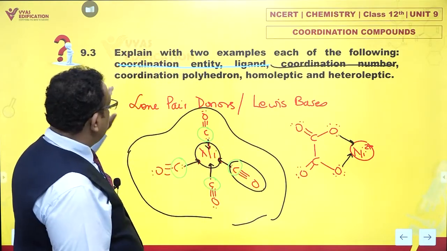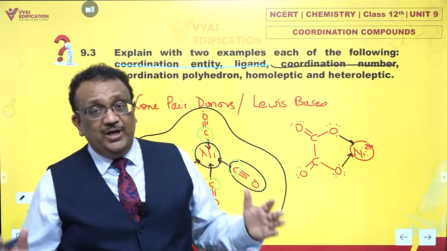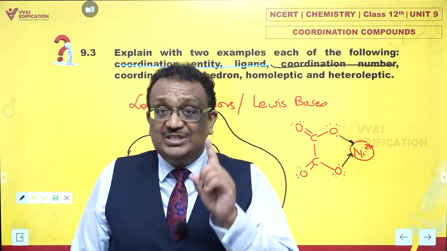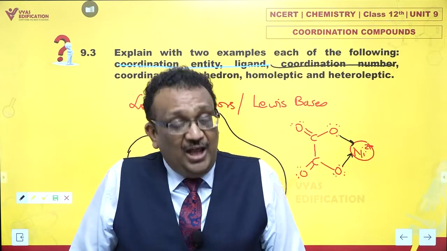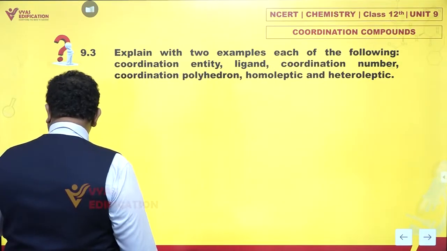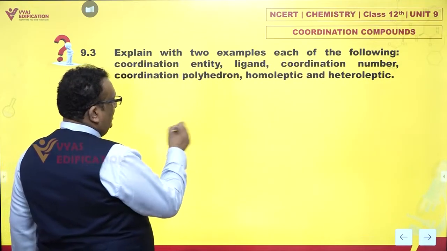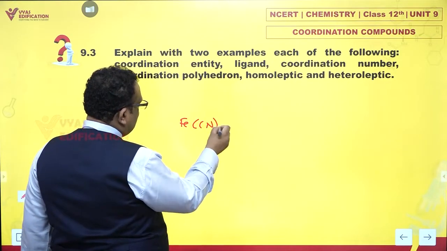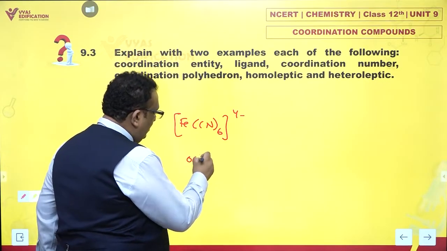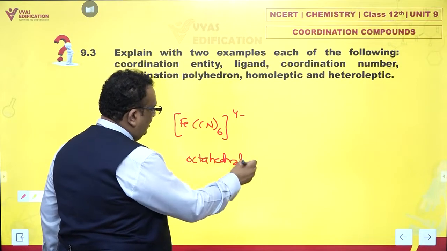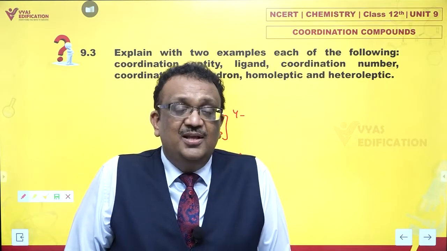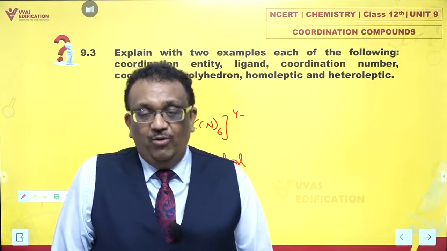Again I repeat, the coordination polyhedron is an imaginary polyhedron formed by joining all the ligands attached to a single given metal atom, and the metal atom should be present at the centroid of that polyhedron. If I have to give you a couple of examples, yes, I'll give you. Say Fe(CN)6 4-. This has an octahedral polyhedron, because if you connect all the 6 cyanide ions, they are at the corners of an octahedron.